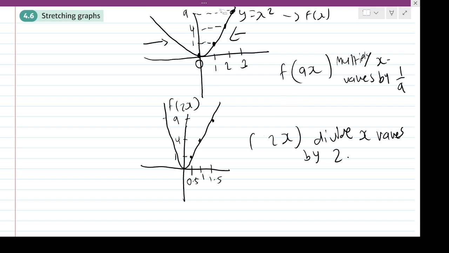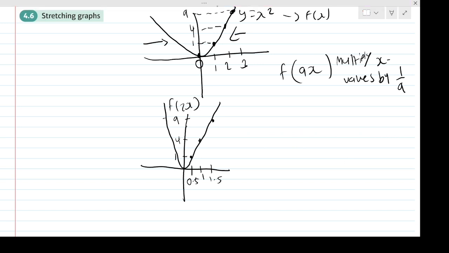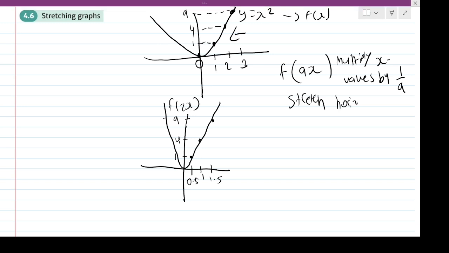And actually, the technical language we use is, because it has this sort of stretching effect, we call this a stretch horizontally, right? Because imagine we are pushing the curve inwards from the left and the right side. That's a horizontal effect, because it's left or right. And it's horizontal because it's acting on the x values.